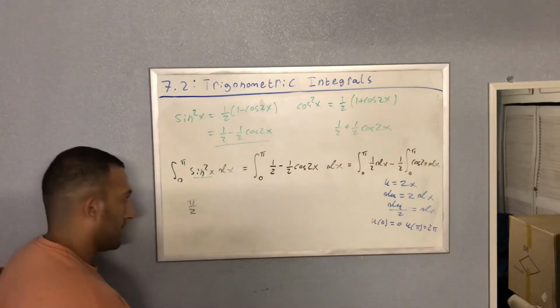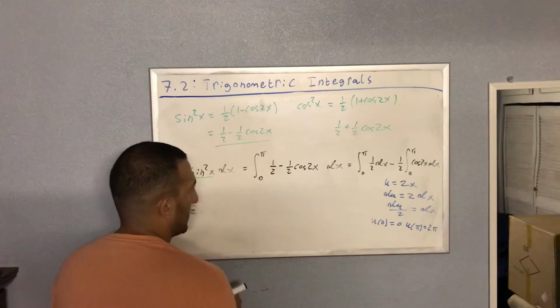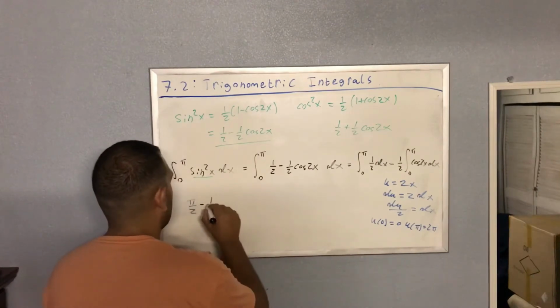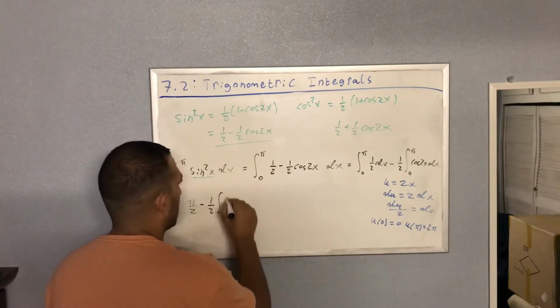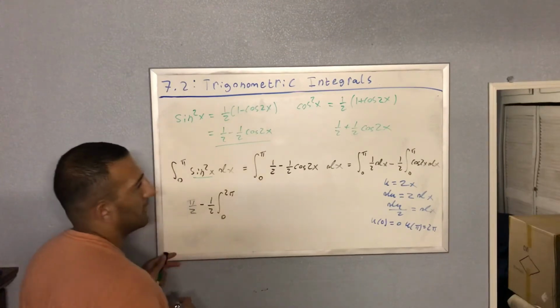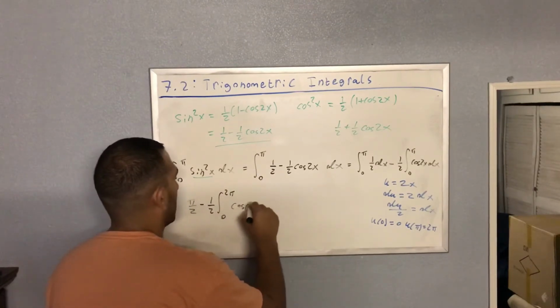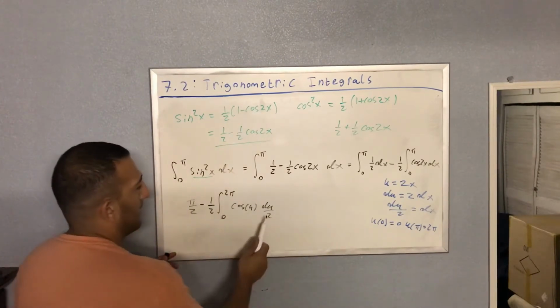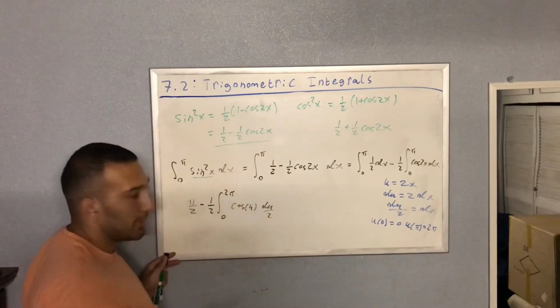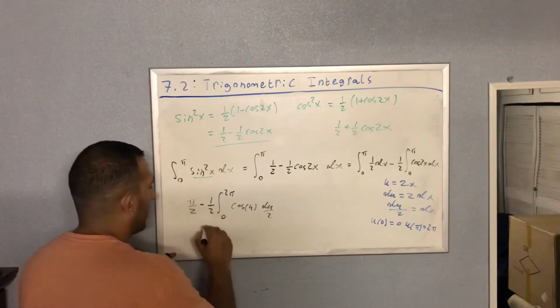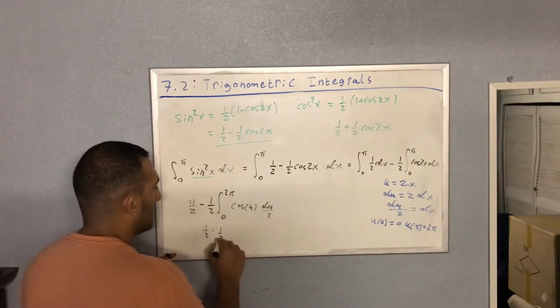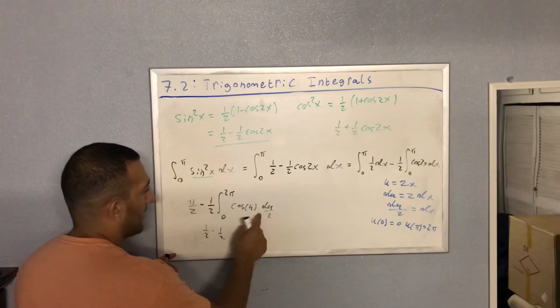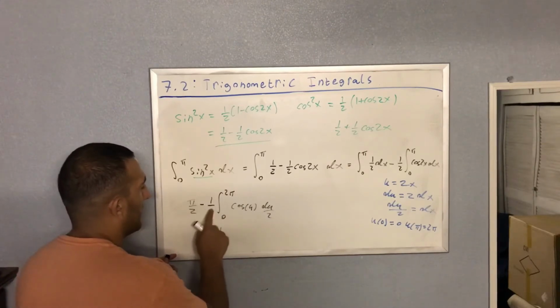So then our integral transforms into minus 1/2 integral from 0 to 2 pi cosine of u du over 2, but this du over 2 is the same thing as multiplying by 1/2. So up front we'll have a 1/2 times this new 1/2 coming from here, will make this a fourth.